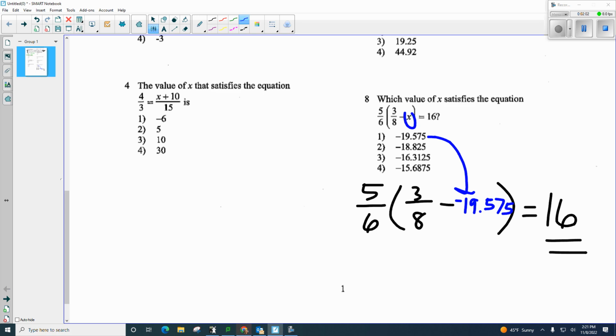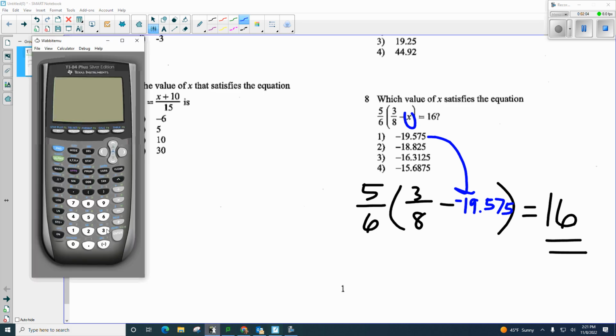All right, so let's take a look with our calculator. Remember, to get a fraction, you press alpha, y equals, enter, and we're going to put in 5/6.